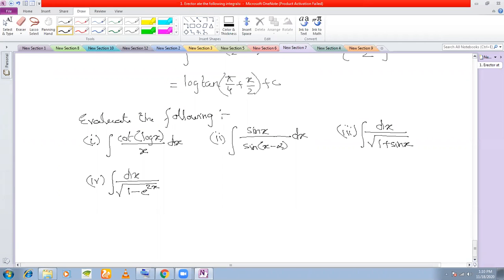The next one here is integral dx by 1 plus cot x. And you have the fifth one as integral tan x tan 2x tan 3x.